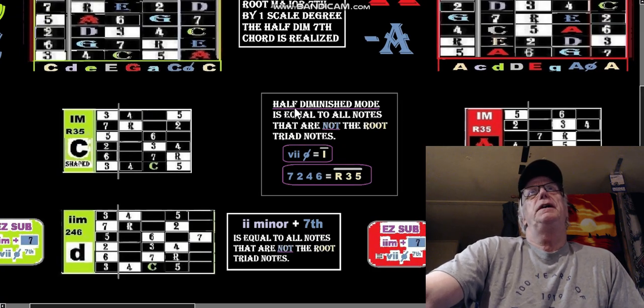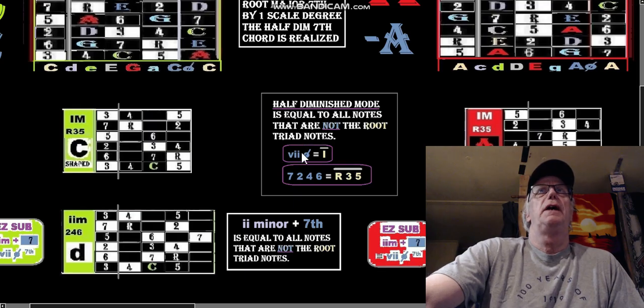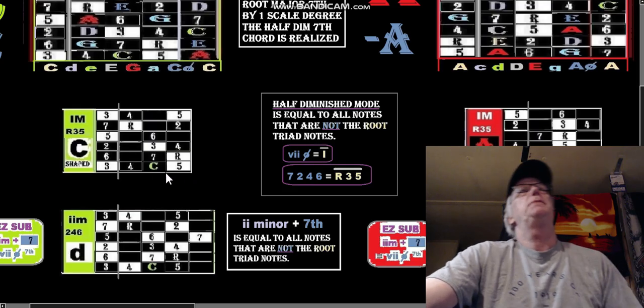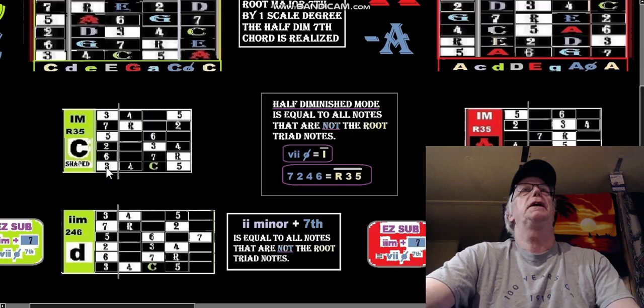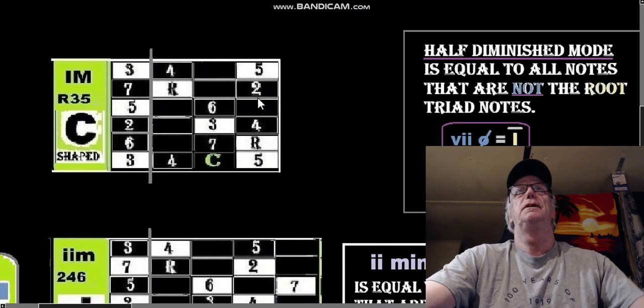Another method is half-diminished mode is equal to all notes that are not the root triad notes. Half-diminished equals major not. So what does that mean? That means here's your root triad notes, 3, 5, root, 3, 5, root, 3, 5 in the C cage here.